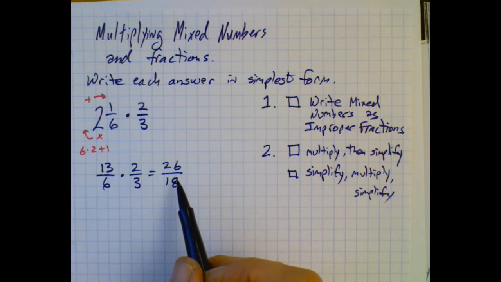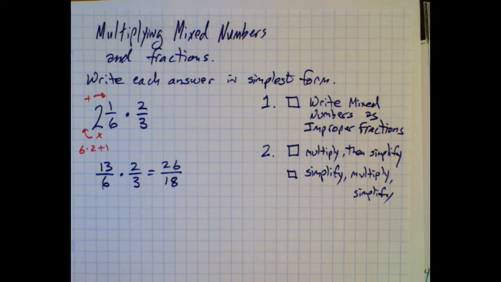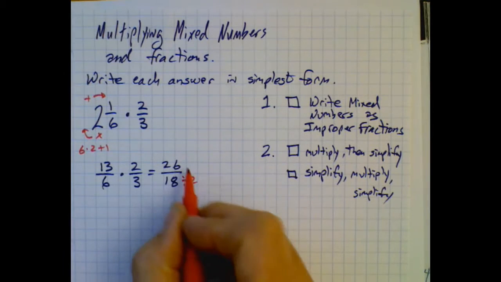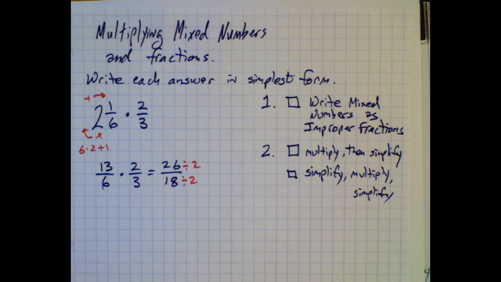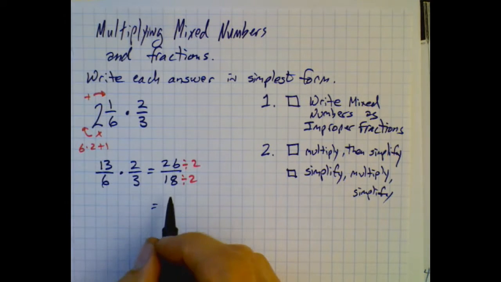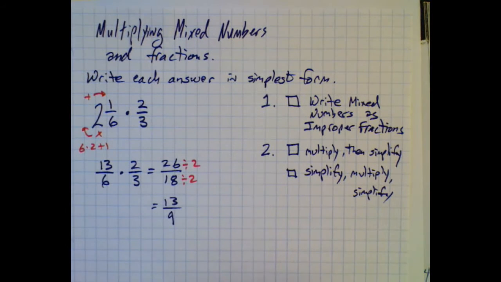I want to write it as a mixed number. So can I get any 18s out of 26? Yes, I can. Or I can simplify this simply by, both of these are even, so I can divide top and bottom by 2. And if I do that, 26 divided by 2 is 13. And 18 divided by 2 is 9.